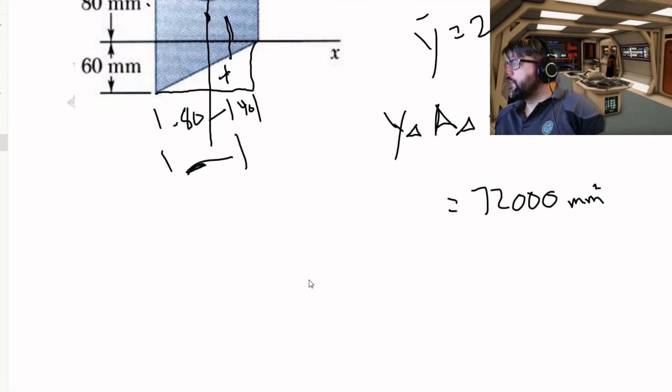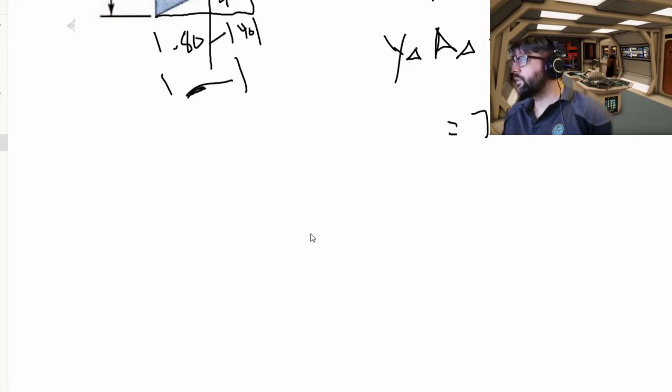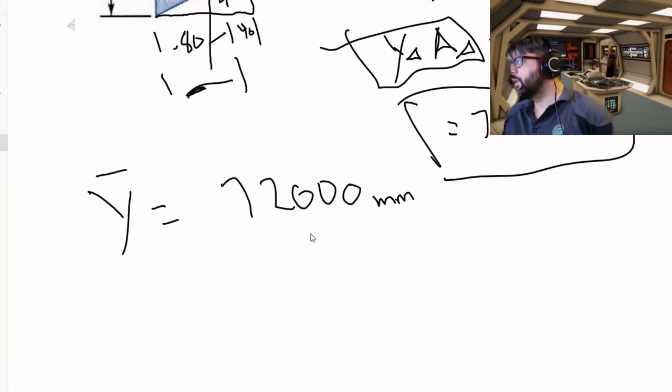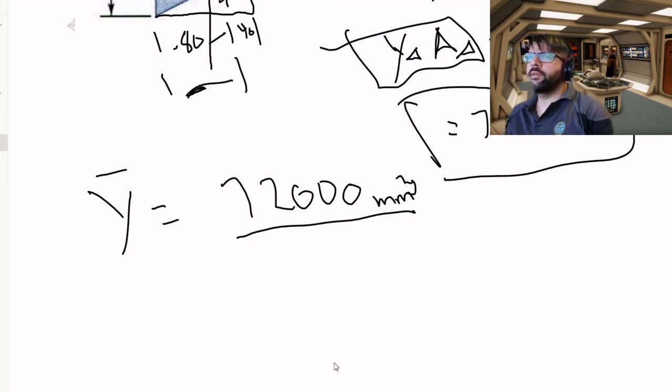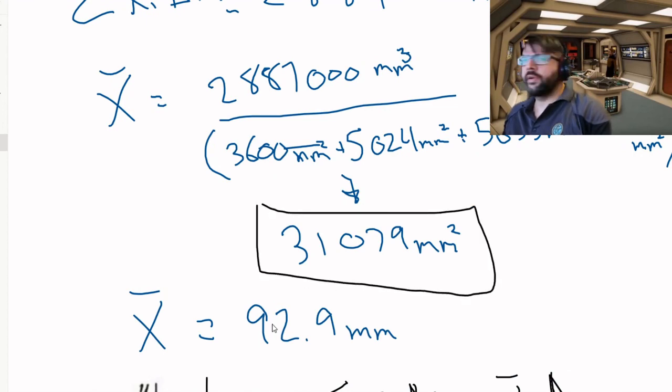Anyways, that's the total of these components for our y bar. So our overall y bar is just going to be equal to 7,200 millimeters cubed. It's cubed, not squared, divided by the total area of the thing. The total area, we already added that up.